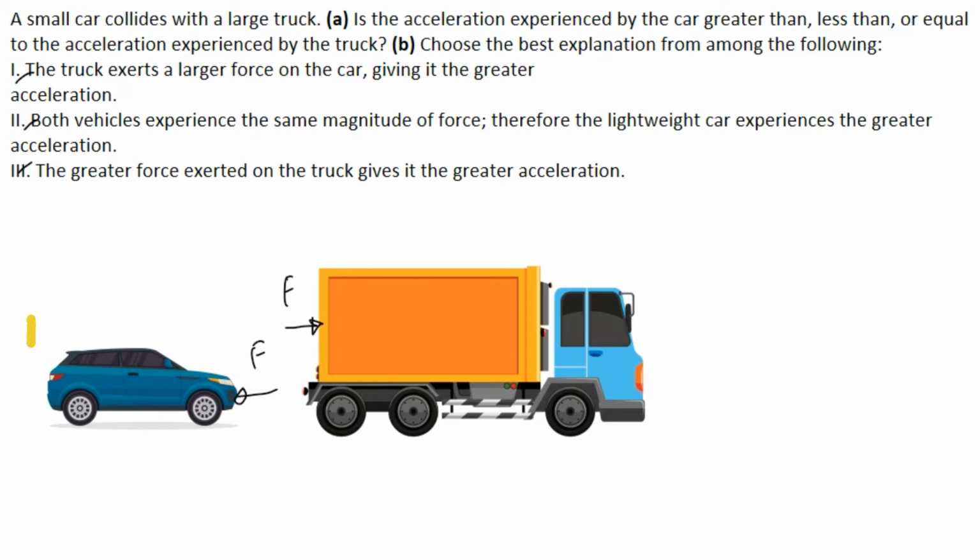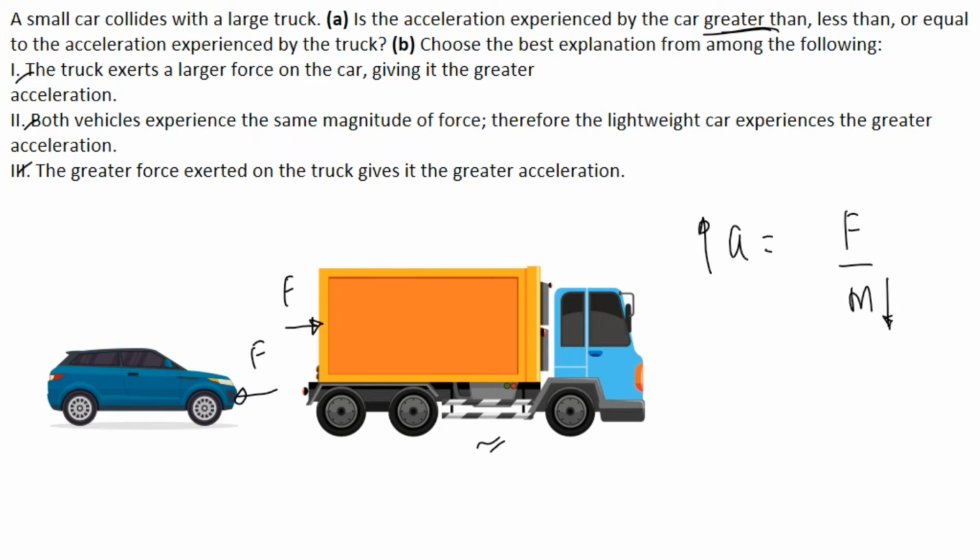Why? Because the car has less mass, and from Newton's second law of motion acceleration is force over mass. So if mass is less, acceleration will be more. So for the car the acceleration will be greater than the acceleration for the truck.